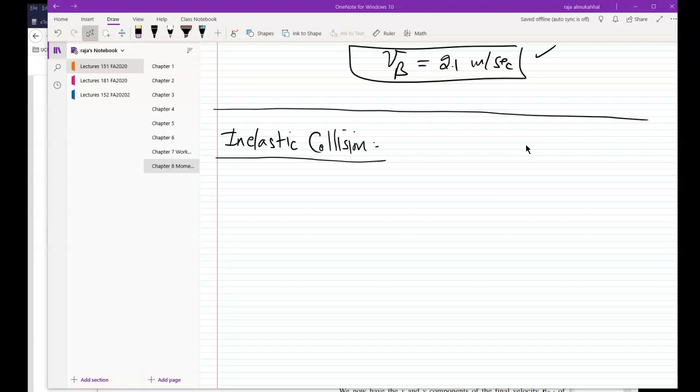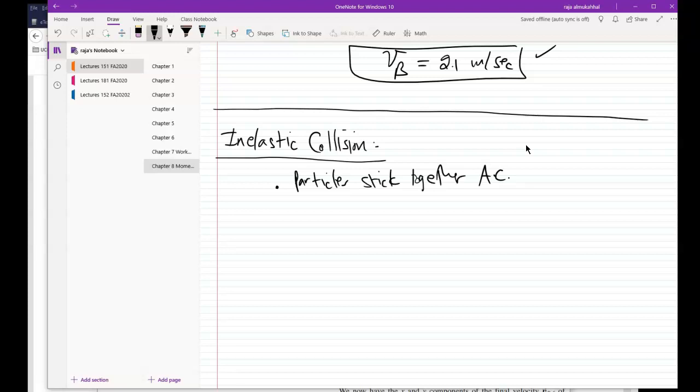Let me give an example. Let me write it down. So inelastic collision means particles stick together after collision. Okay, that's basically what it is.